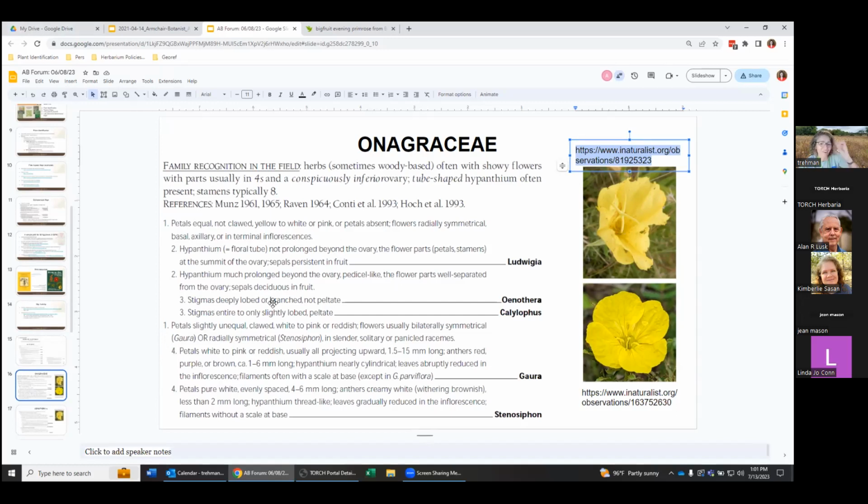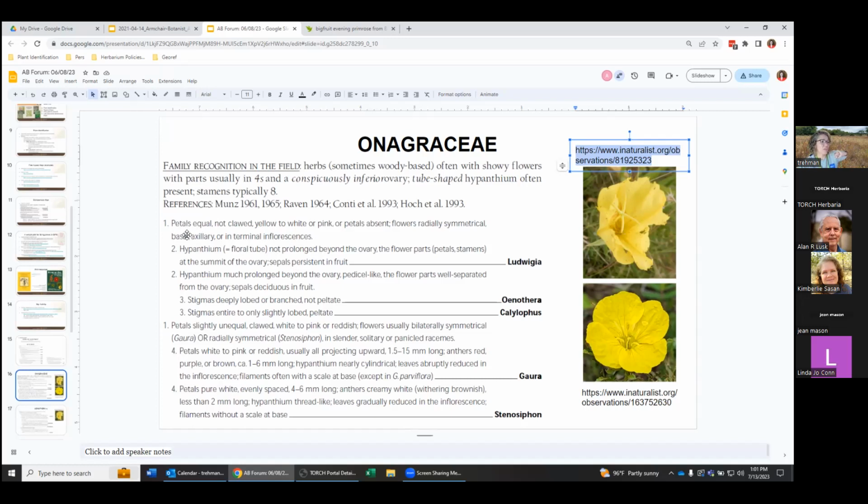So all that to say, if you are trying to make a choice between those two, you have a lot of different characters to look at. They're not just saying flowers are yellow versus flowers are pink. There's a lot of others, which is why with some of these keys, there's a bit of confusion, but sometimes the groups are just so complex that this is the best way to do it. And what this also means is that even if your plant no longer has petals, perhaps you might still be able to identify it.